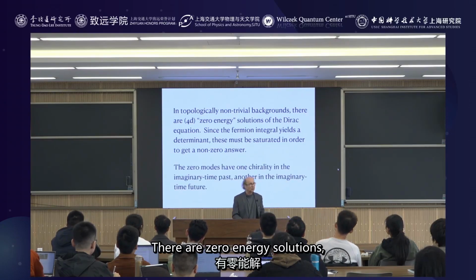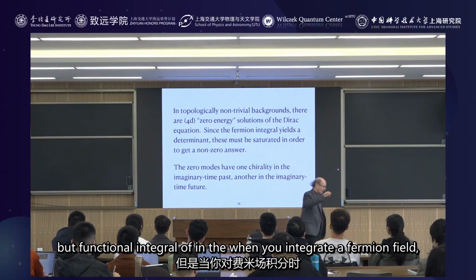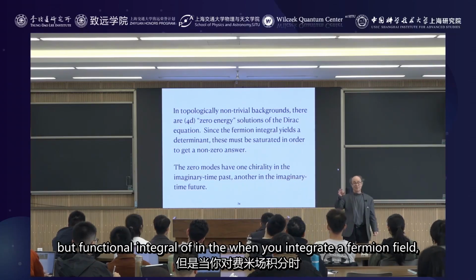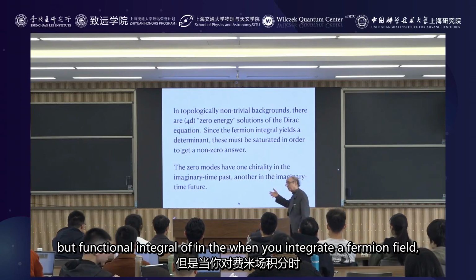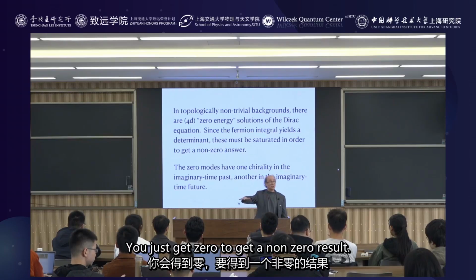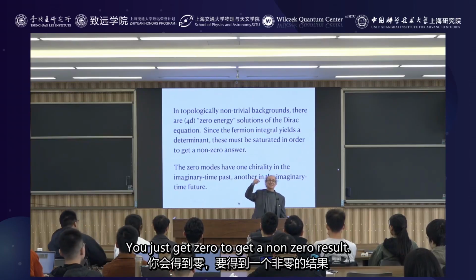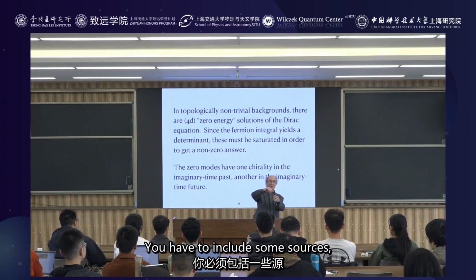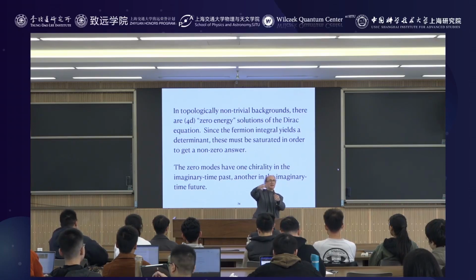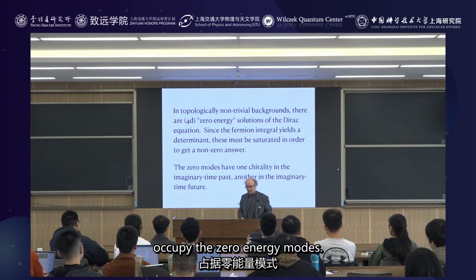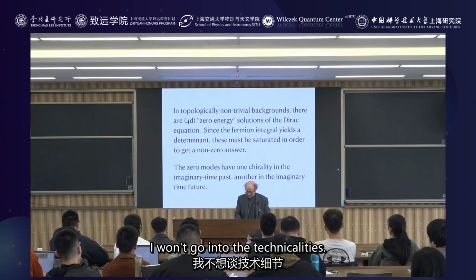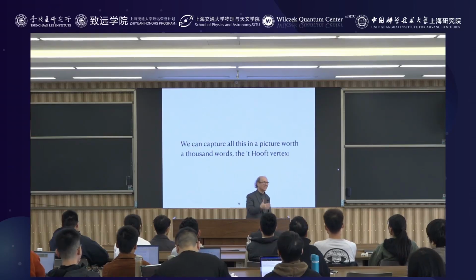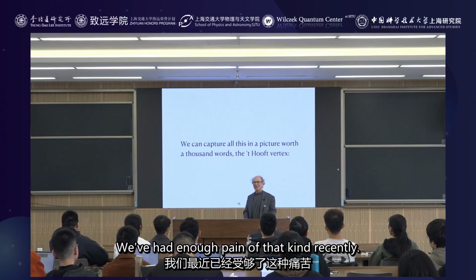So there are zero energy solutions, but the functional integral when you integrate over fermion fields is a determinant, so you just get zero. To get a non-zero result, you have to include some sources that occupy the zero energy modes. So I won't go into the technicalities. We've had enough pain of that kind recently.